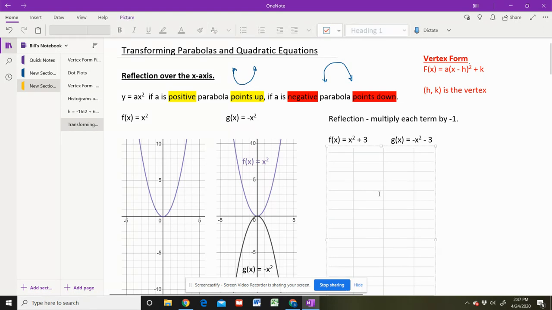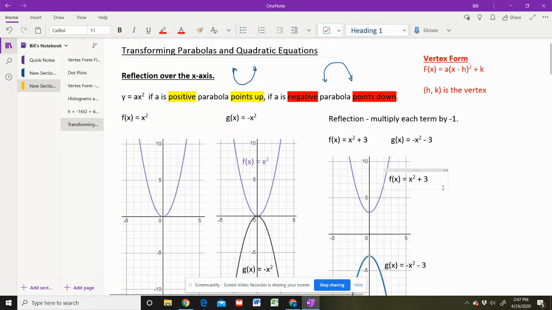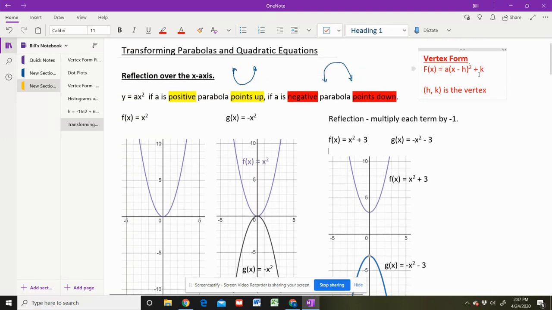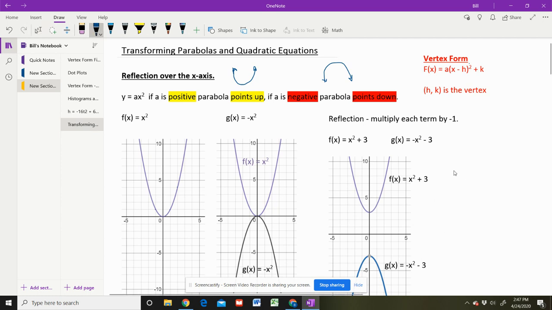And remember, our initial function is just like our vertex form. We have nothing written for a, which means we have a 1 for a, and then it's x minus 0 squared plus 3, because our vertex is 0, 3.